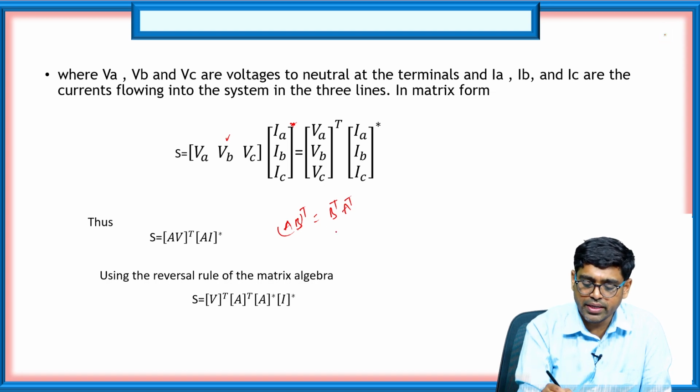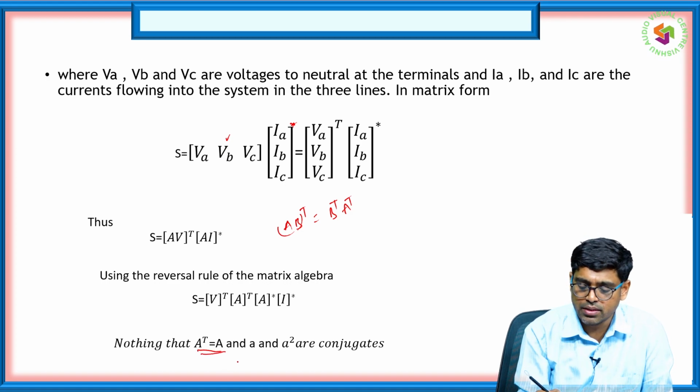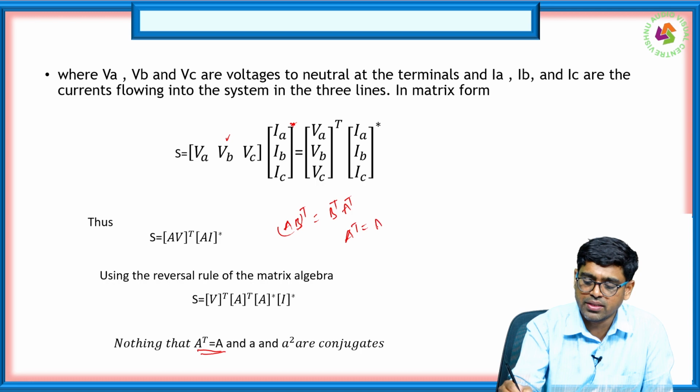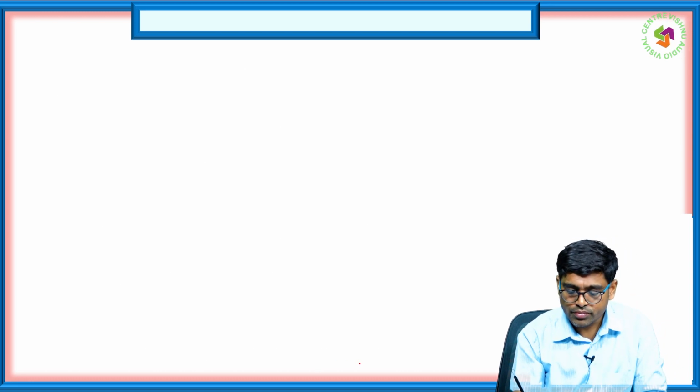So like that, if you write here V transpose into A transpose into A conjugate into I conjugate, and A transpose is equal to A. It is symmetrical, so A transpose equal to A. If it is symmetric, then A and A square are conjugates.